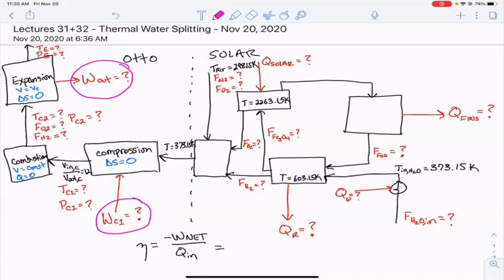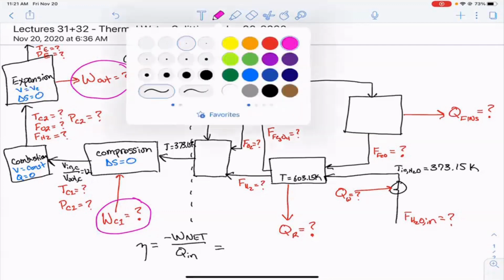But the only other work that we could have considered is the work that it might take to rotate the drum. But quite frankly, I couldn't find a reasonable estimate for that. And it's not going to be really heavy and it's going to be moving very slow. So I thought, okay, compared to a compressor, this is going to be fine. So we're going to neglect that. So we only have two sources for our work terms.